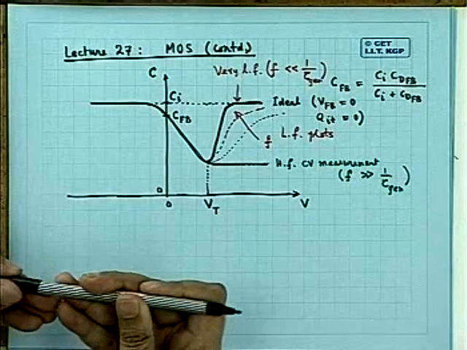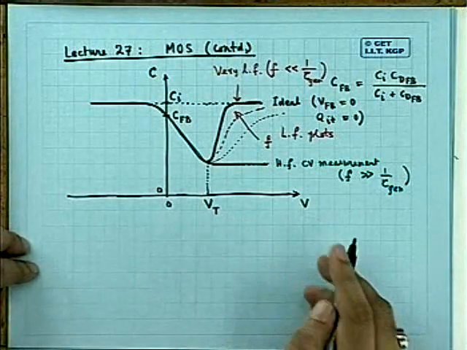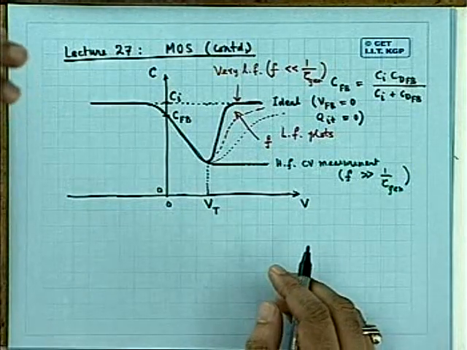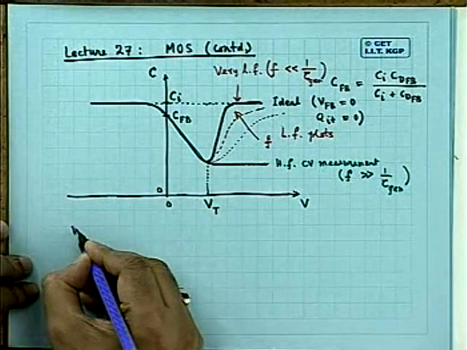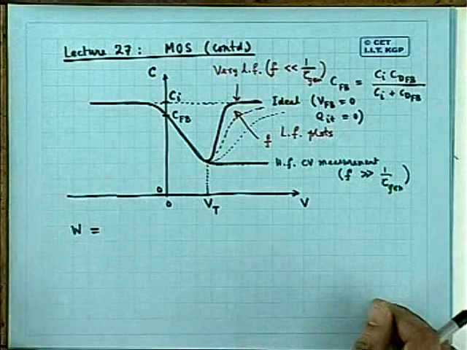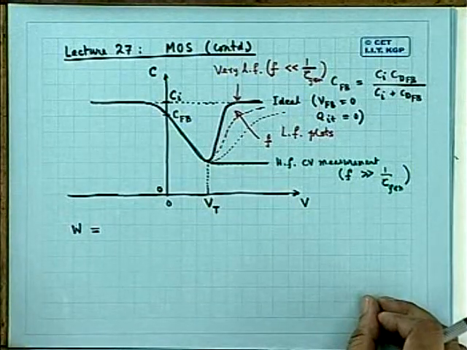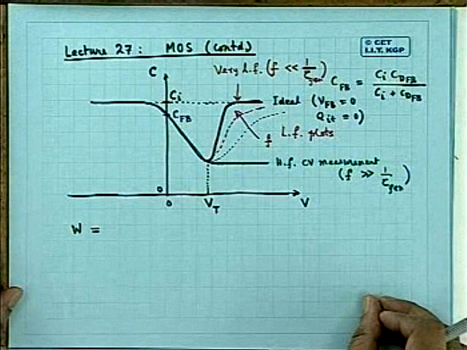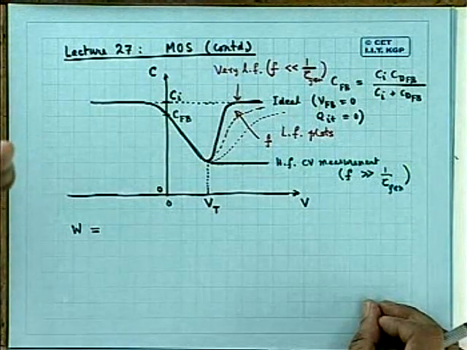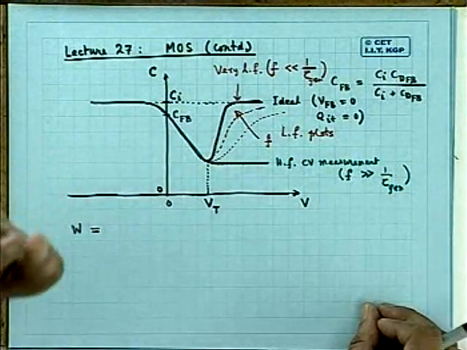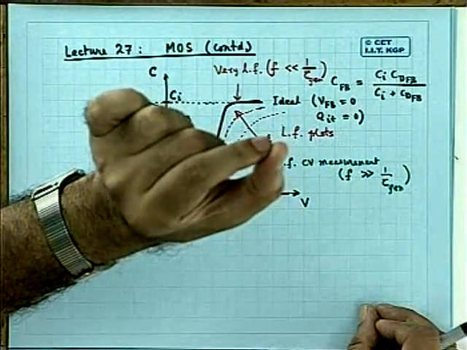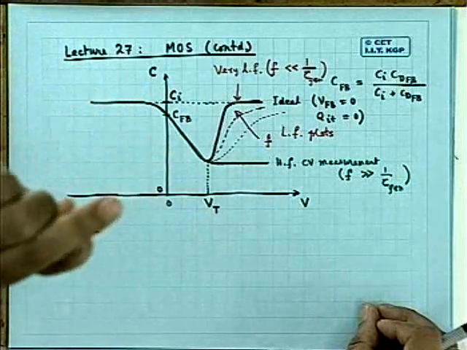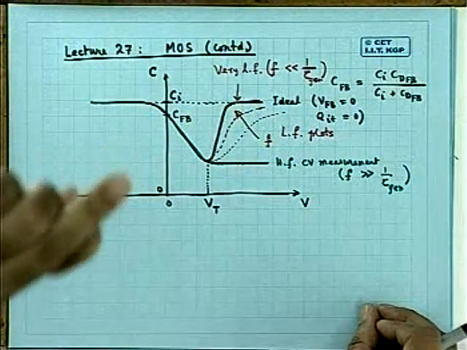How? You remember, when you apply a positive voltage to a MOS capacitor, a depletion layer is created. And what will be the expression for this depletion layer? I told you that it is equivalent to an N plus P diode. Only the barrier will be replaced by psi S. The barrier VBI plus VR or VBI minus VF will be replaced by psi S, which is the barrier potential at the surface with respect to the ground, with respect to the substrate.